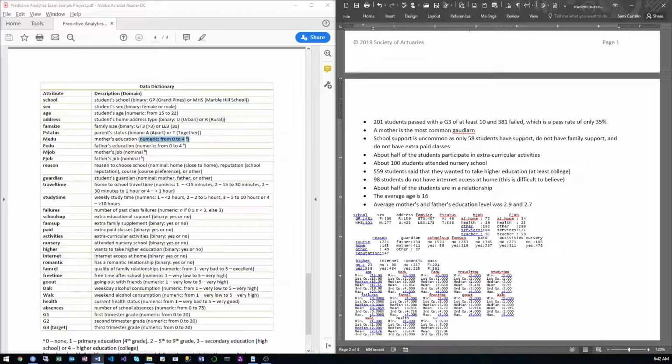So their mothers are on average more educated than their fathers. Travel time is on average 1.4.